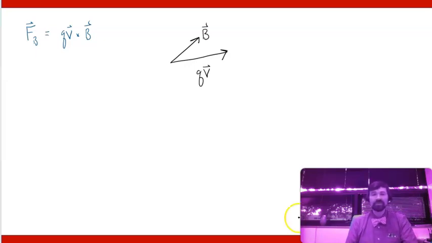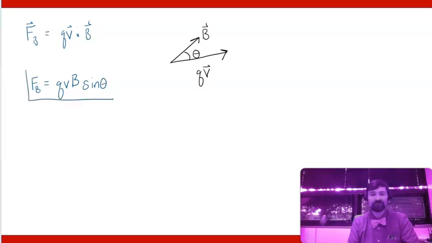So the cross product takes into account the angle between these two vectors as well as their magnitudes. The magnitude of this cross product, F_B, would be the magnitude of the first vector, which is charge times speed, times the magnitude of the second vector, which is magnetic field strength, times the sine of the angle theta that's between the two of them.